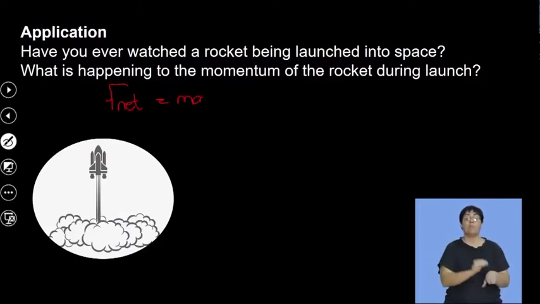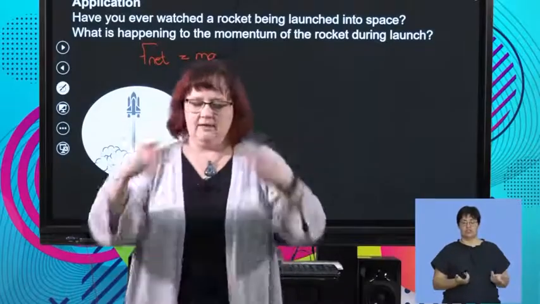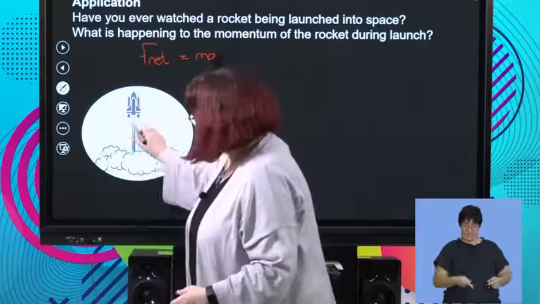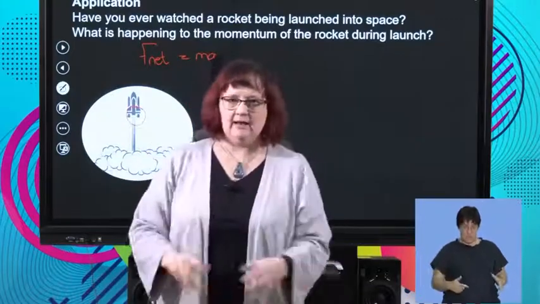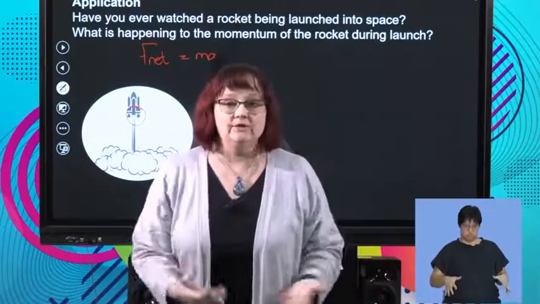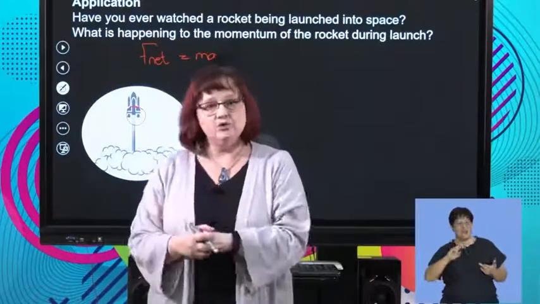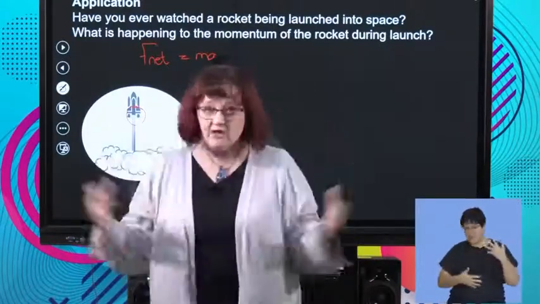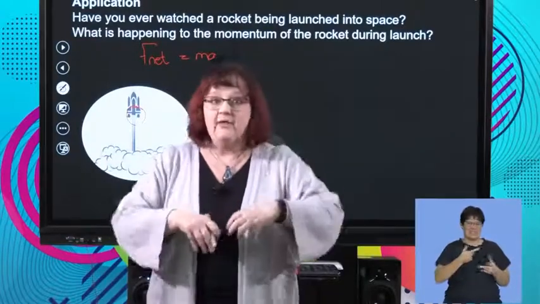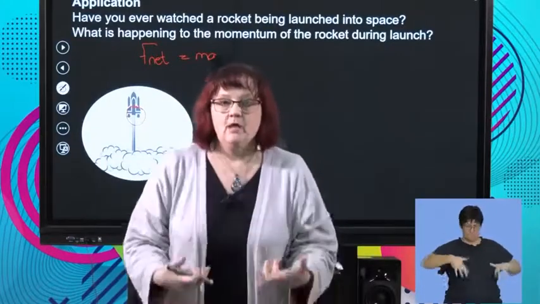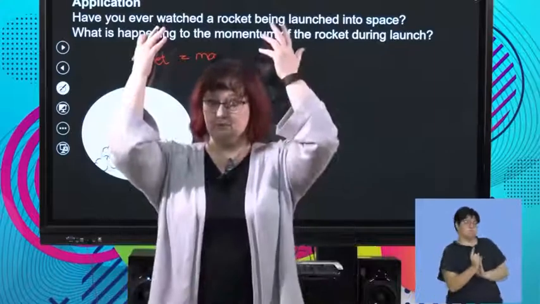The problem is the mass is changing. At the bottom, by the engines, there's lots and lots of liquid hydrogen, lots of liquid oxygen, because they use a hydrogen fuel cell, essentially. There's lots of this gas and liquid that then gets burnt up. That creates the upward force that pushes it, okay?